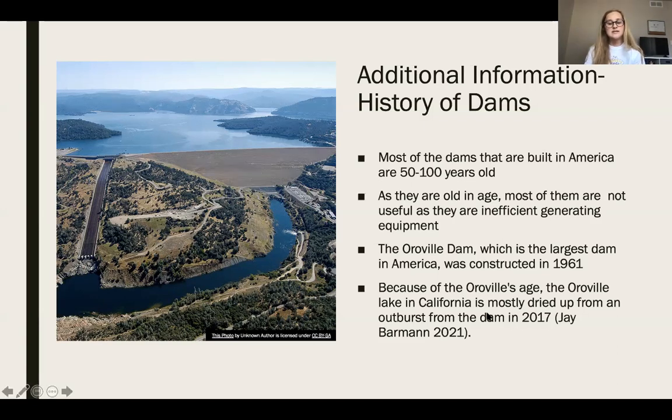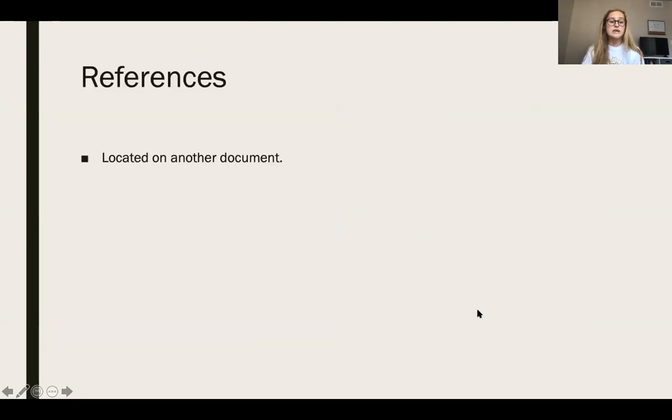Like I said, it is very likely that the outburst happened from its old age. I think that making a change to this kind of issue is really important because it is affecting our society and it will continue to affect our society, and global warming is affected by it as well, along with humans and wildlife.